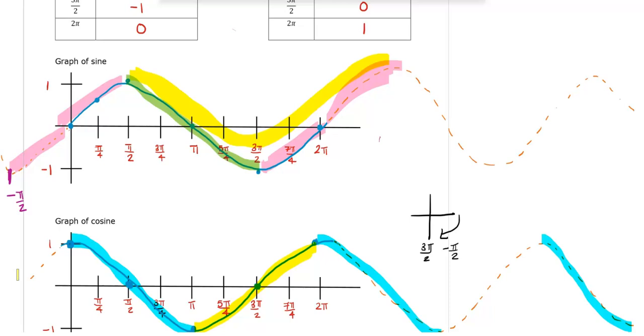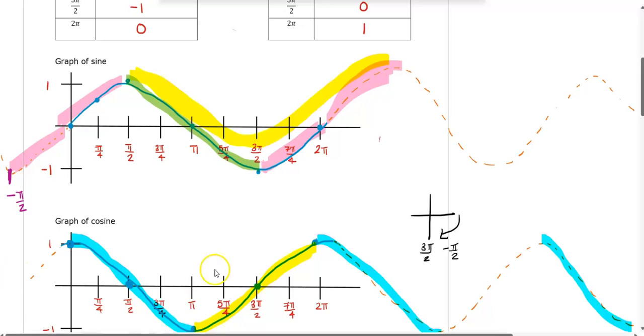They're a phase shift apart. I keep saying phase shift, and you guys don't know what that means. It's a horizontal shift of my graph, right or left, and it just depends upon how you look at it. It's a shift by pi over 2 from one to the other.